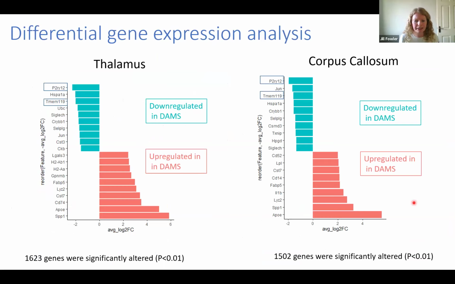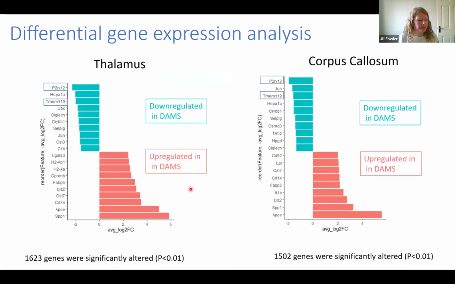So here we were comparing the homeostatic microglia, whether they came from sham or stroke mice, with the disease-associated microglia. We can see some similarities and some differences when we look at the thalamus versus the corpus callosum.